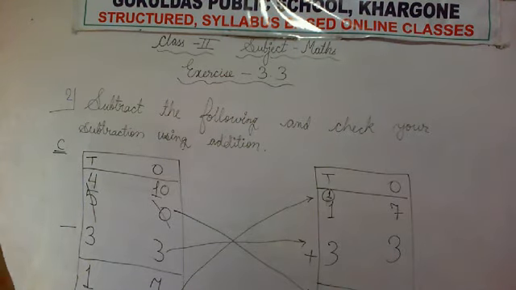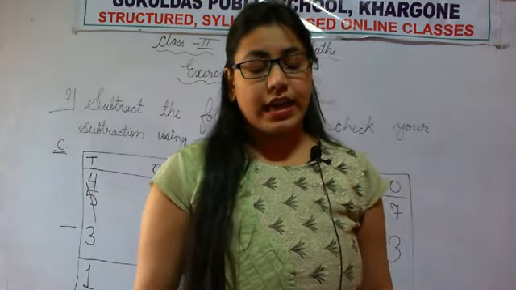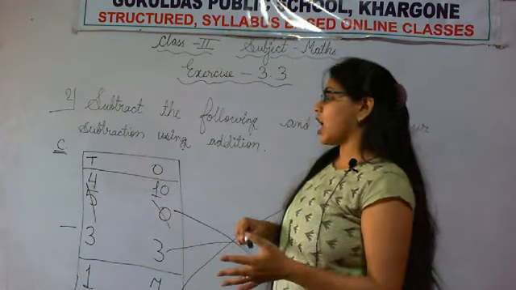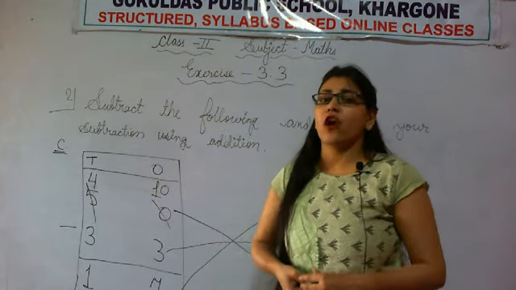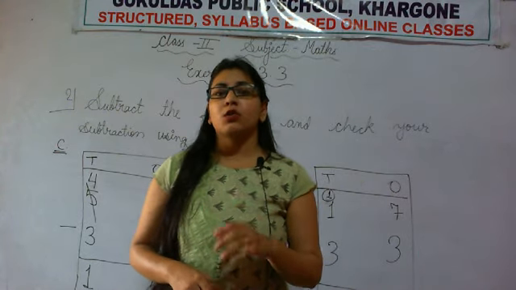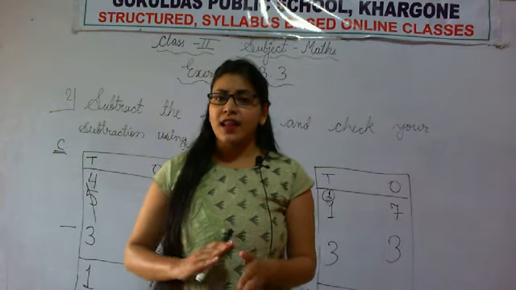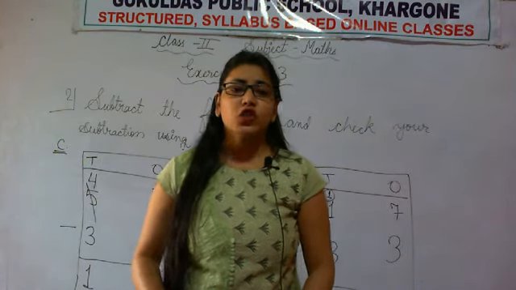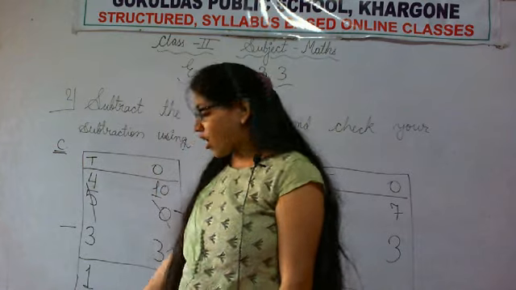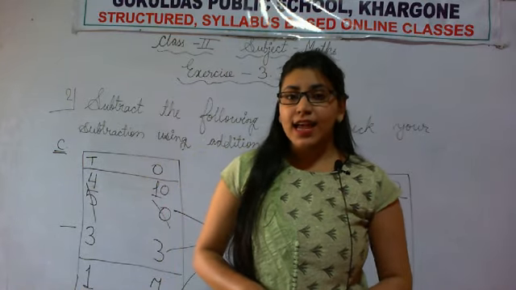Okay, so I hope now you all got how to check our answer of subtraction. So first of all, what is the very first step? The very first step is solving the question. First we will solve, then we can check whether we have done it correctly or not. Then how to check?